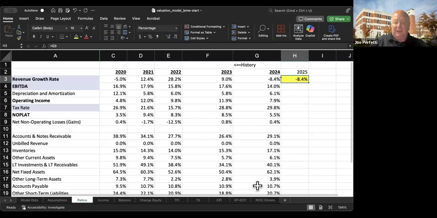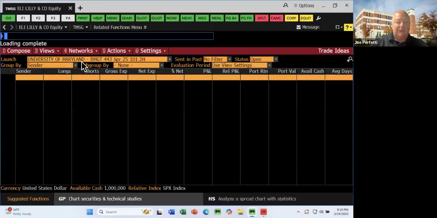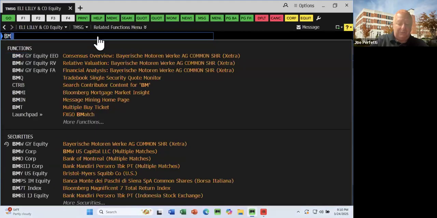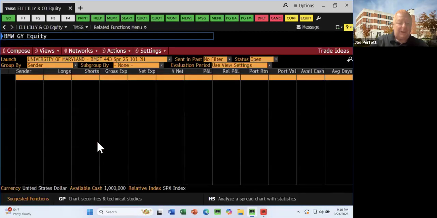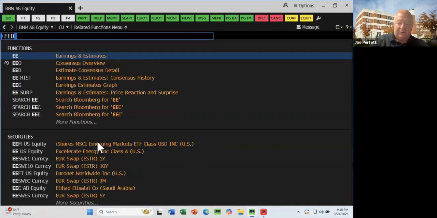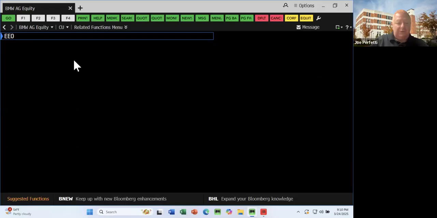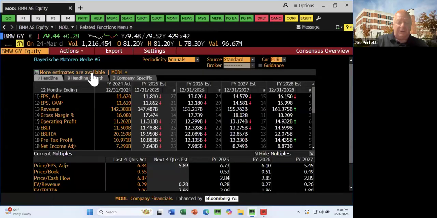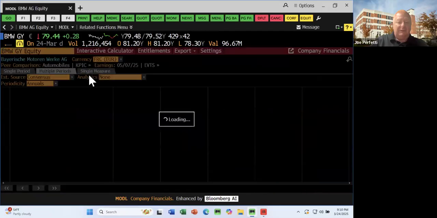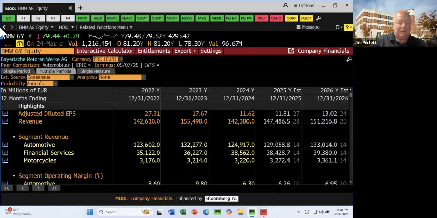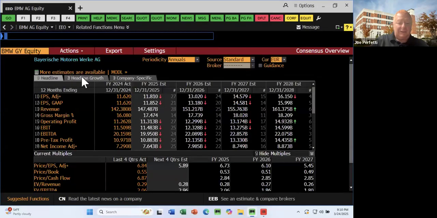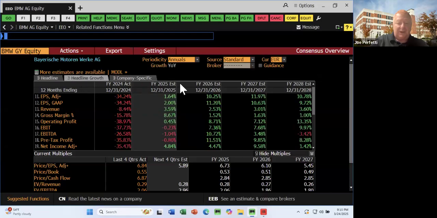But for example, if we were to look in Bloomberg right now, and I were to go to BMW, and go to the EEO, and go to the growth rate expectation of the analysts, right now the analysts are expecting BMW in 2025 to grow revenue 3.59%.